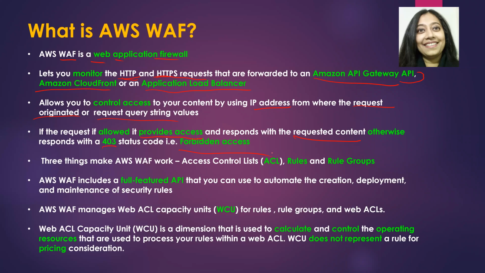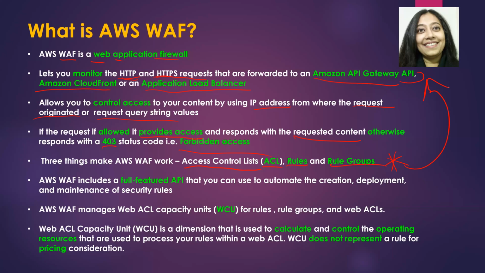Now, anytime someone says AWS WAF, three things should come to your mind. First is access control lists or ACLs. The next is rules. And then finally, the rule groups, right? And we will look at these three in detail. But if someone says AWS WAF, these three should come to your mind, because these three make up what AWS WAF is all about.